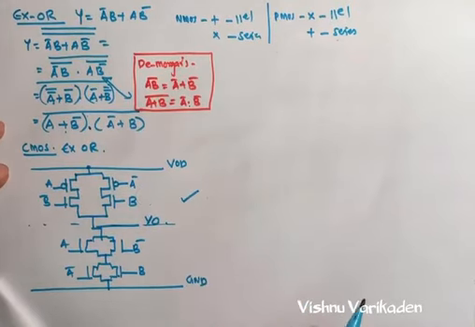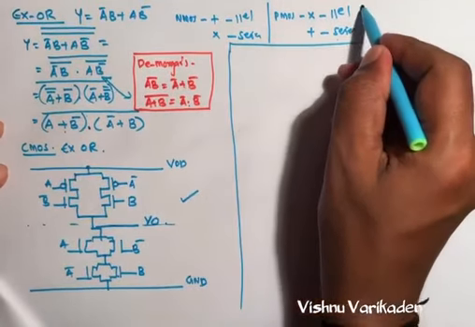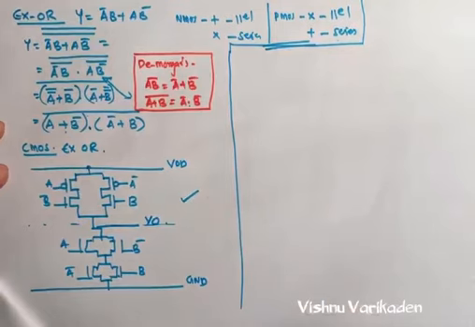Simply we can write this from this assumption. This assumption: for NMOS, plus is parallel and multiplication is series, and PMOS is just opposite to the NMOS.